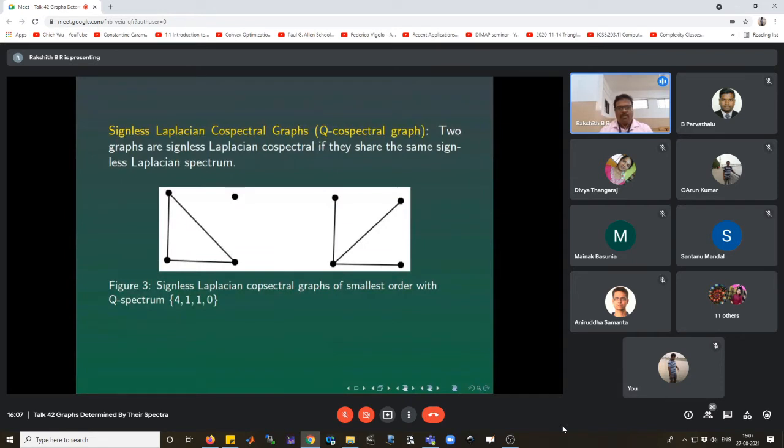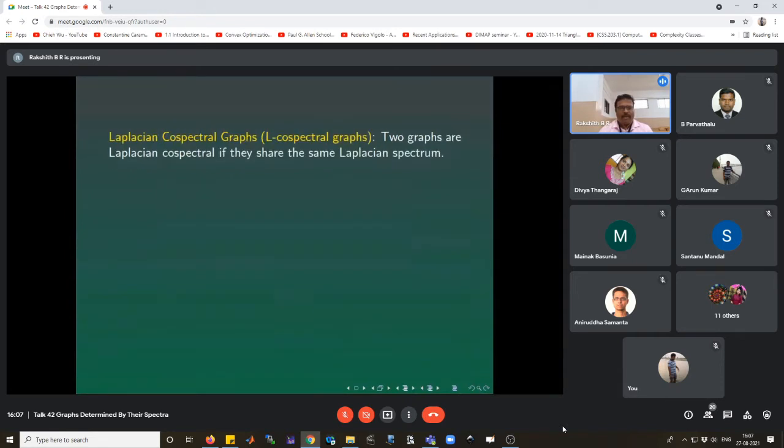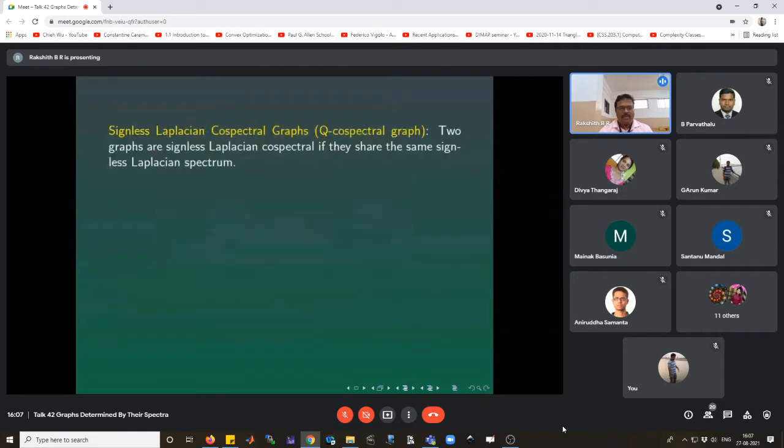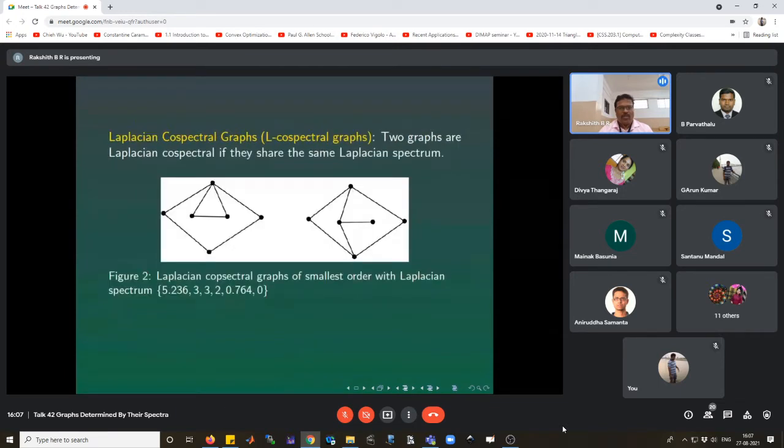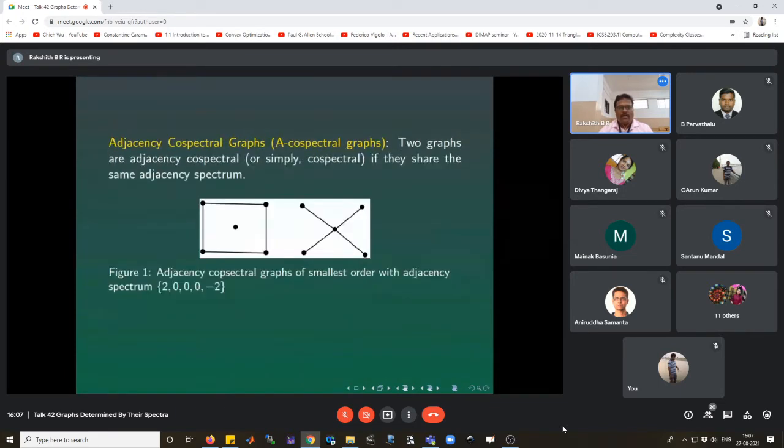Moreover, note that the graphs presented in figure 1, figure 2 and figure 3 are co-spectral graphs of the smallest order possible. That means if you consider any graph with fewer than 6 vertices, with respect to the adjacency spectrum, it does not have any co-spectral mate.